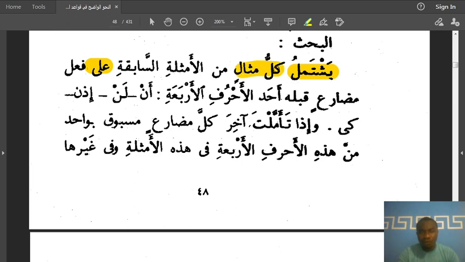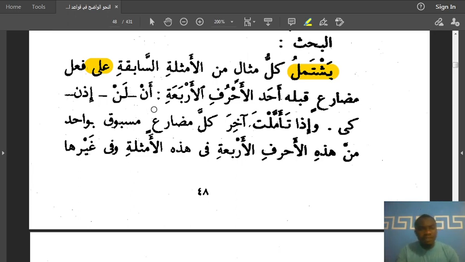Each example among the previous examples contains يشتمل على, contains فعل مضارع, a present tense verb, قبله, before that, أحد الأحرف الأربعة, one of these four huruf. Huruf, as I've said, is articles, small words like that. They don't really have much meaning by themselves, but their meanings affect other words. Articles, that is from the prepositions, adverbs, and all this stuff.